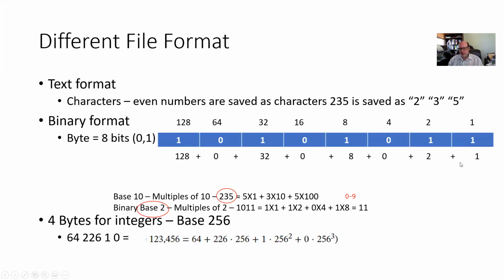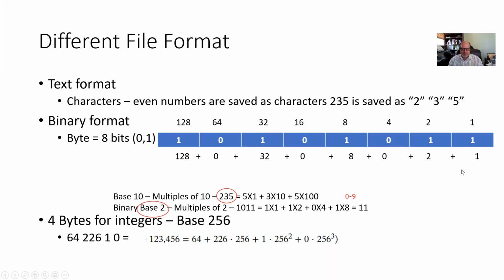We can think about it going this way: 1, 2, 4, and so on. So this is going to be 1 times 128, 0 times 64, and so on and so forth. Now, if we add these things together, that's going to give me the decimal value.